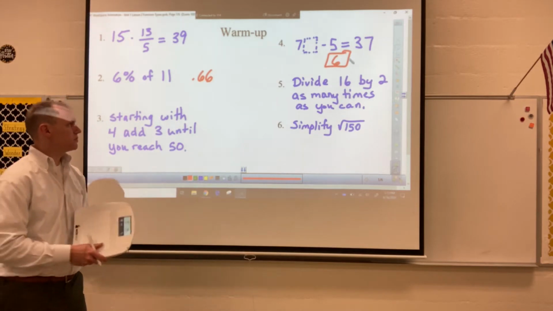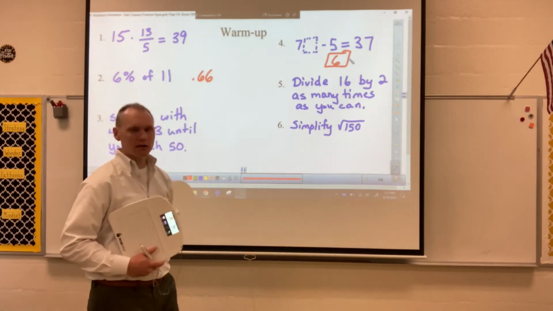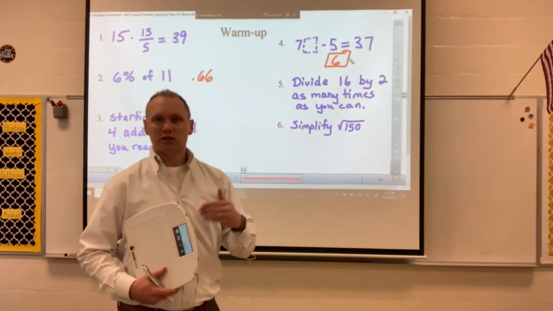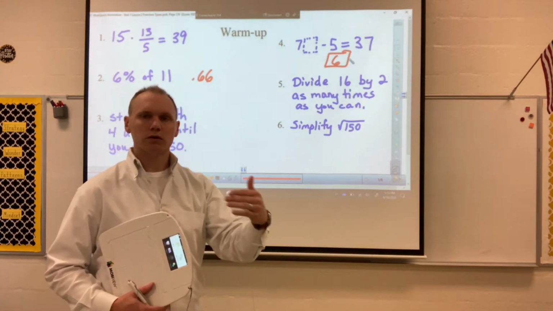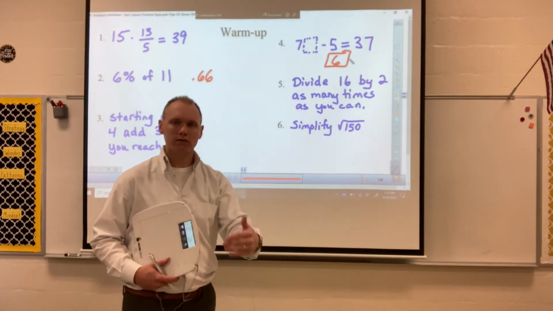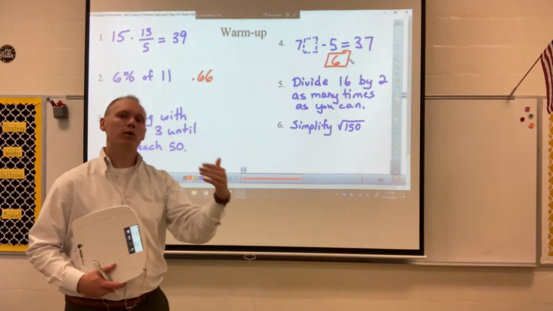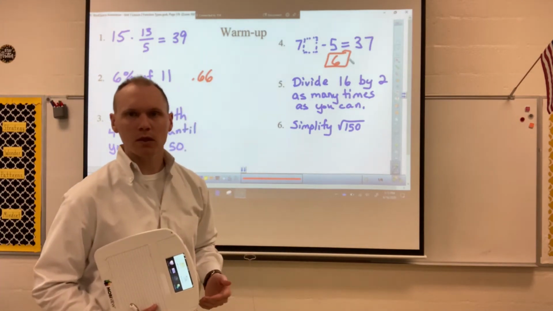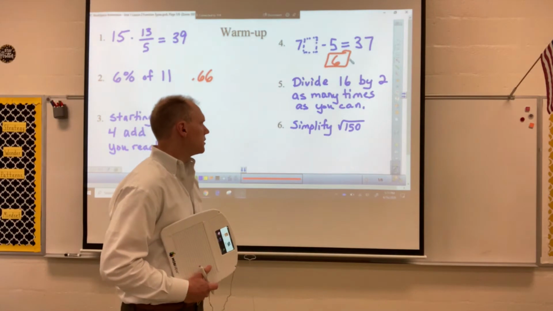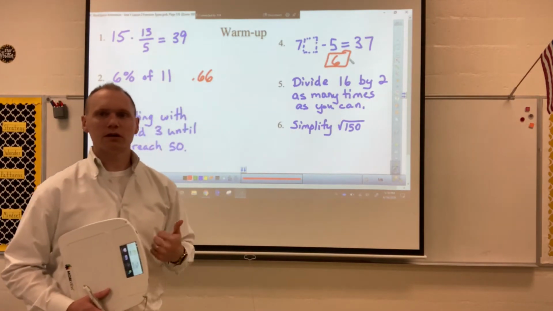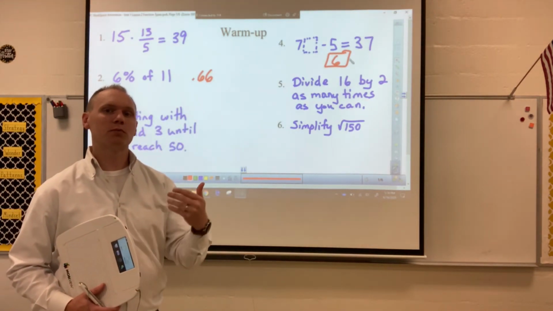Number 5, divide 16 by 2 as many times as you can. So 16, 8, 4, 2, 1, 0.5, 0.25, 0.125, and so on. So hopefully you're able to kind of do some of those. This actually is not repeated addition, but repeated multiplication.